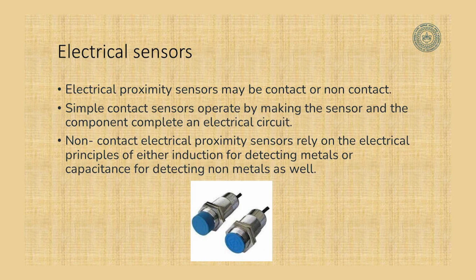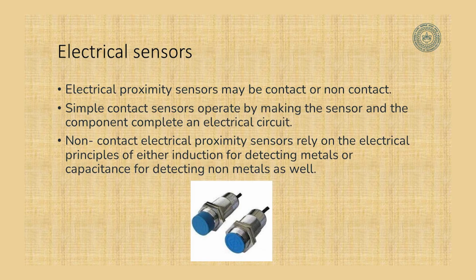Non-contact proximity sensors rely on the electrical principles of either induction for detecting metals, or capacitance for detecting non-metals. L or C, everyone recollects electrical circuits. For metals you need induction, for non-metals you need to use capacitance.